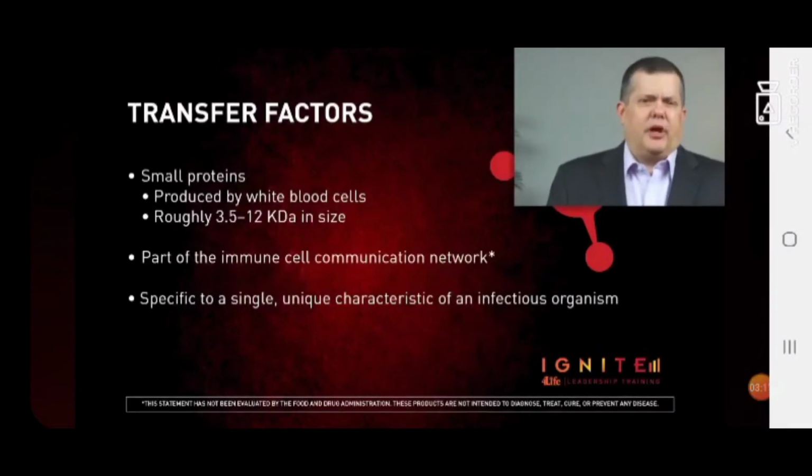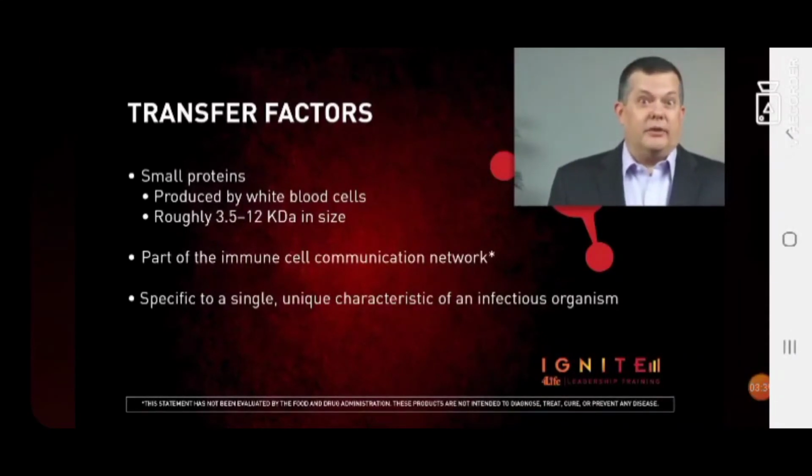And as I mentioned, these are part of the way that immune cells communicate. Immune cells have a number of ways of talking with each other. Those compounds vary in terms of stimulating or calming down the immune response, attracting other immune cells to them. But transfer factors are unique. They provide specific information to your immune cells.